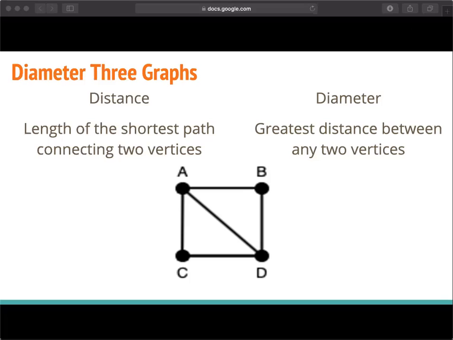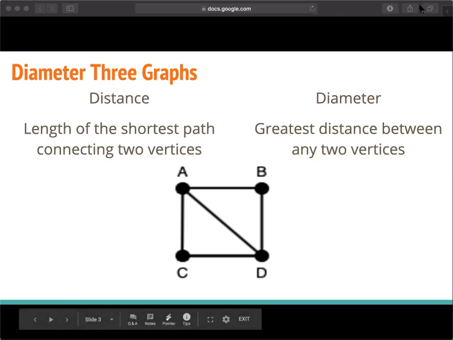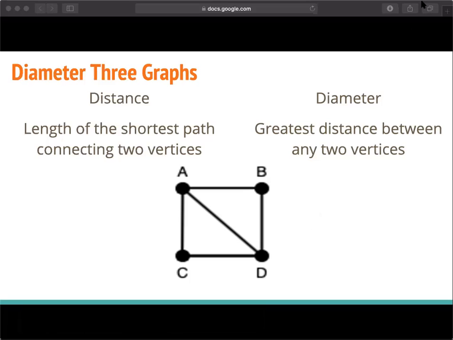The diameter, on the other hand, is the greatest distance between any two vertices. So if we look back at this figure right here, the greatest distance, we would have to look at every possible combination of vertices. So if we look at A to B, it's 1. If we look at A to D, it's 1.